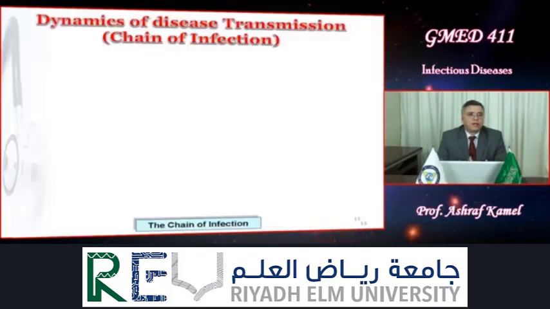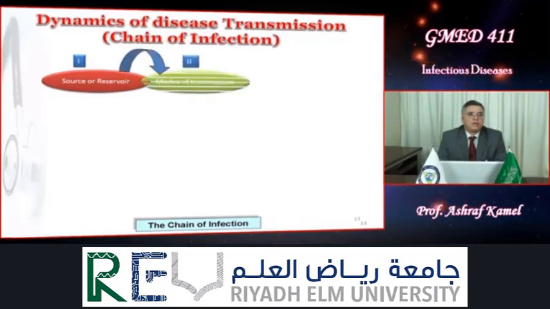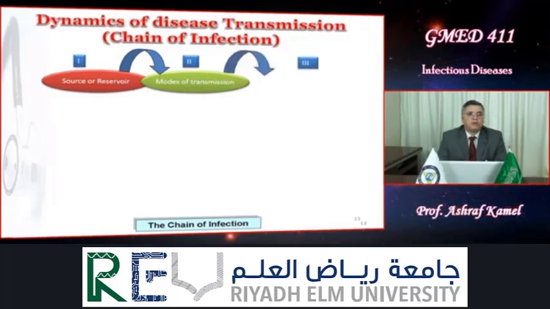The dynamics of disease transmission, the chain of infection. First, we have a source or reservoir. Second, we have modes of transmission that will take the infectious agents from the source to the susceptible host. We call this the chain of infection.